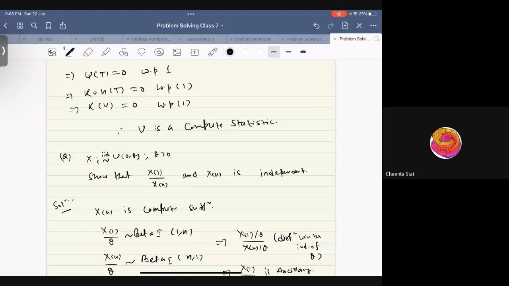Sir, can you please send some notes on efficiency asymptotic? Huh? It's on my website, I think. Let me see. Just a second. I think I have written that down on my website. Okay, I will send that note.